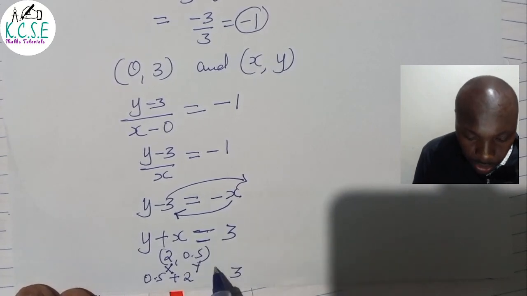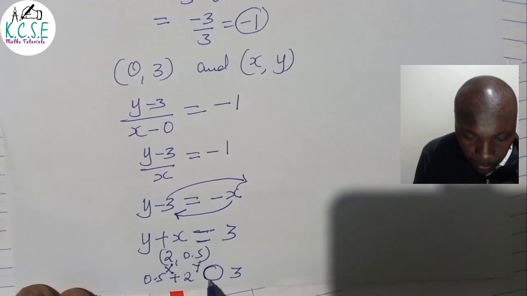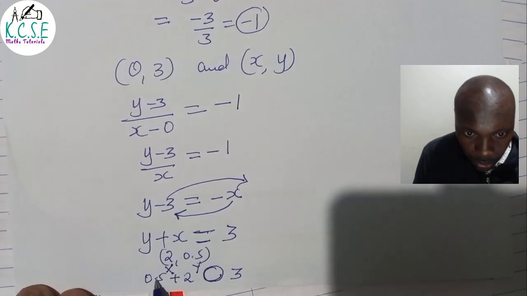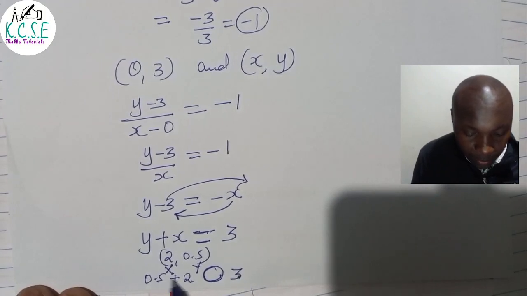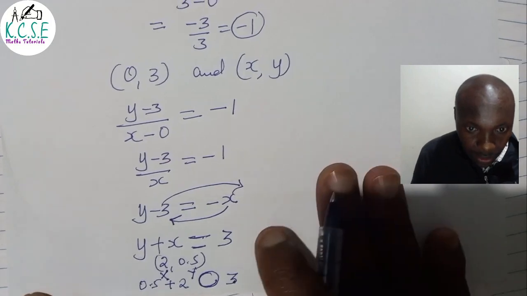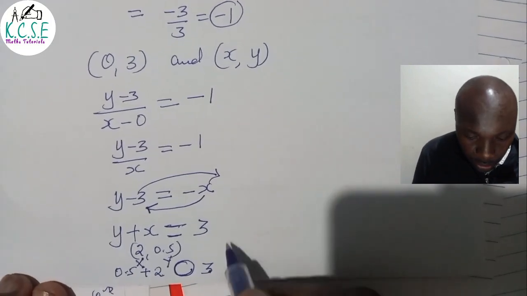Now you want to know which sign you're going to put here. So you have 0.5 plus 2 will give 2.5. So 2.5 and 3. You notice that 2.5 is less than 3. That is how you know which sign you're going to put here.